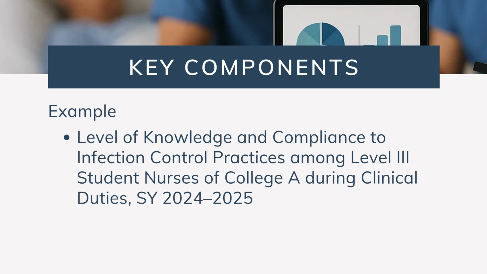The time frame is school year 2024 to 2025. This is an example of a comprehensive and researchable title. It tells us what, who, where, and when, all in one line.